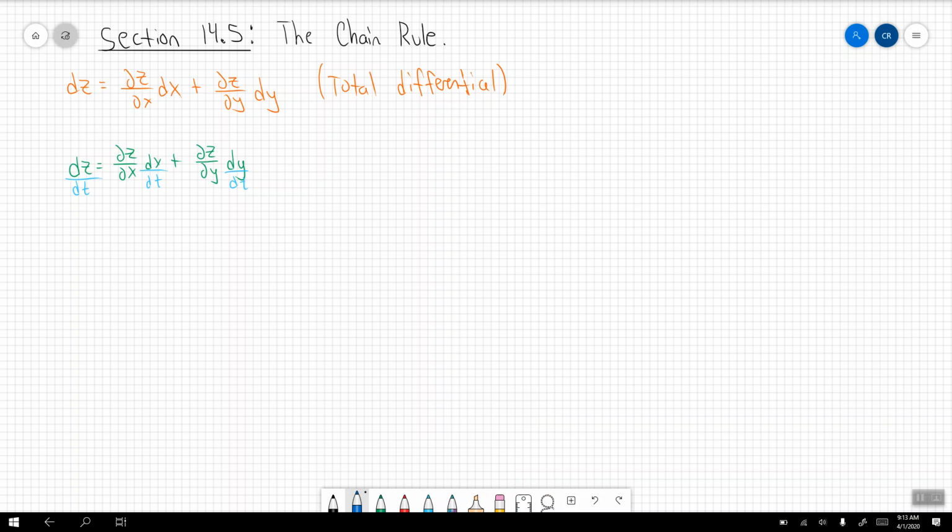Naturally, when that happens, we get to this point that says the derivative of the function z with respect to t now looks like this.